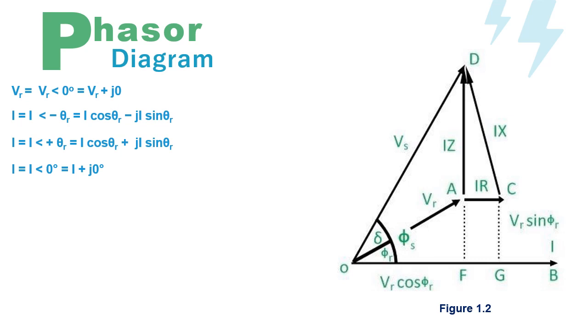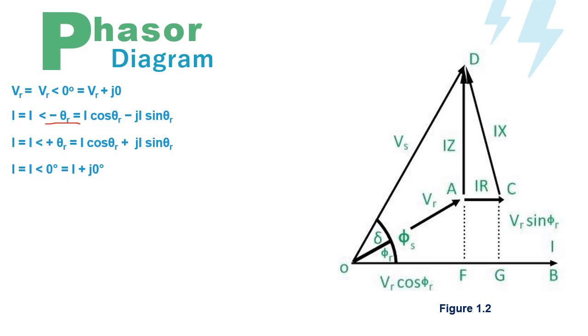For the lagging power factor, the current will be I angle negative theta R, or I cosine theta R minus jI sine theta R. As you can see, the angle for the lagging power factor is negative because the current is lagging behind the receiving end voltage by an angle theta R.